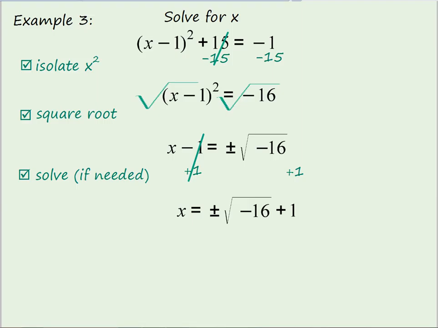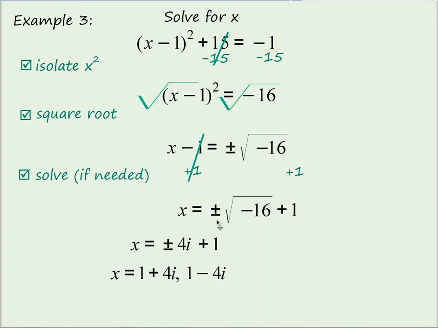So if I were talking imaginary numbers, the square root of 16, remember, is the square root of 16 times the square root of negative 1. Square root of 16 is 4. Square root of negative 1 is i. So positive negative square root of negative 16 gives me positive negative 4i.